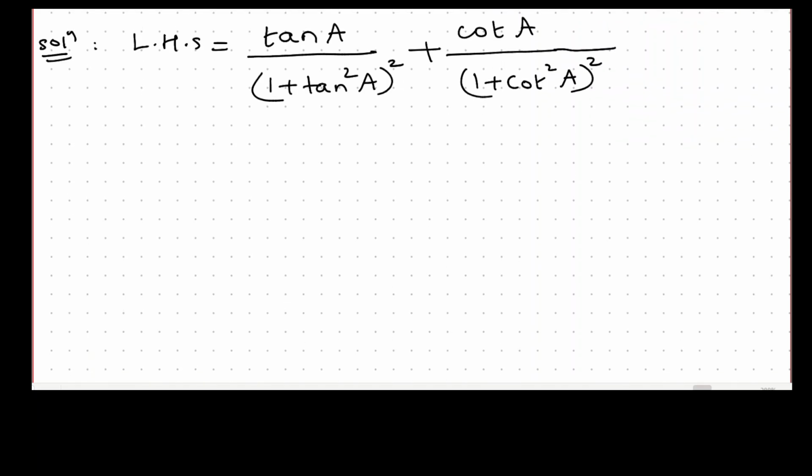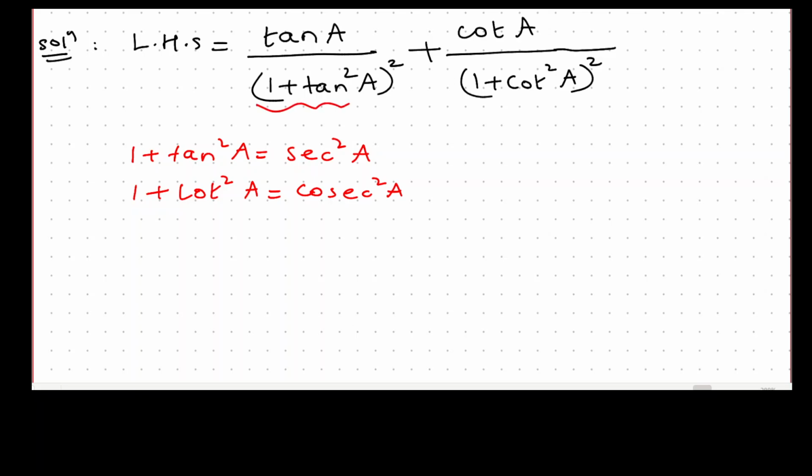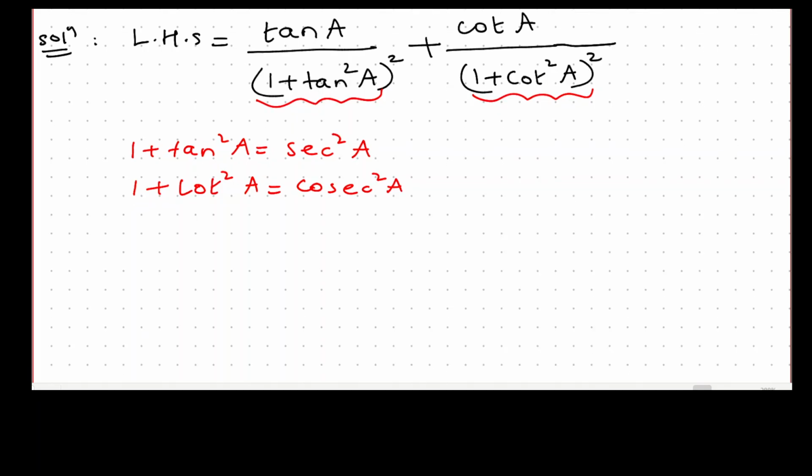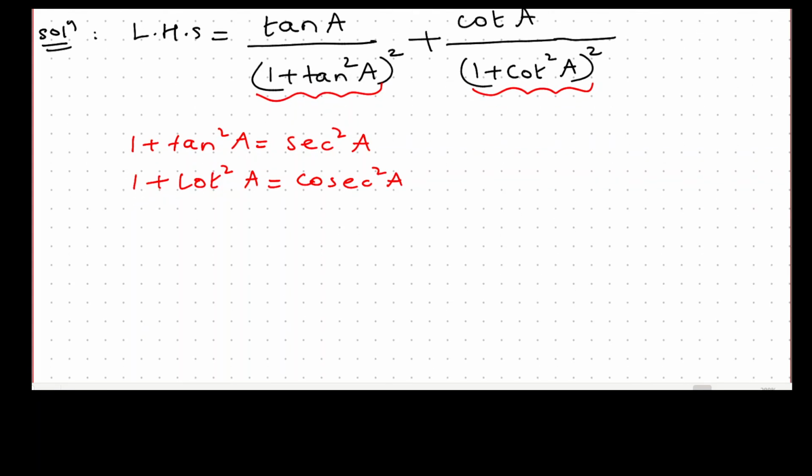Okay, so here we have to use the identity, that is 1 plus tan square a is equal to sec square a and 1 plus cot square a is equal to cosec square a. So here and here in the denominator we can use these two identities. So what will it become?